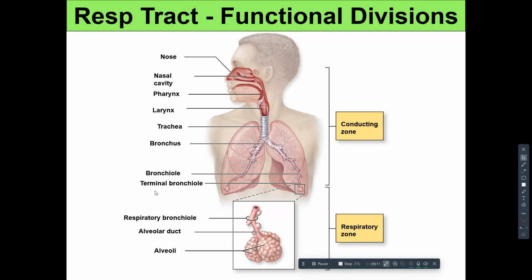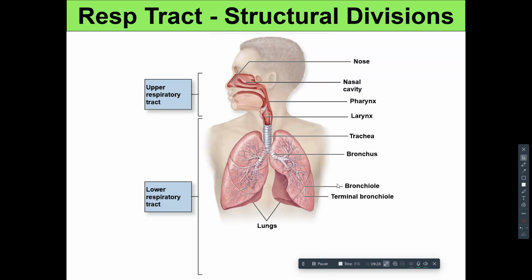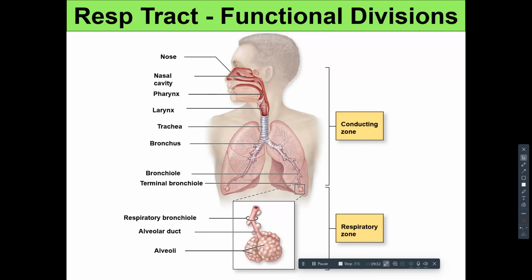Conducting zone up to a terminal bronchiole, respiratory zone below a terminal bronchiole, where I'm doing exchange. And notice where I'm doing exchange, I have all these little alveoli here. That's where exchange occurs. So those are my functional divisions. Upper versus lower is a structural division. Conducting versus respiratory is a functional division.